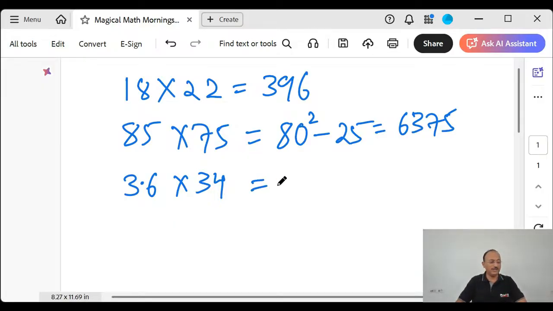Let's multiply 3.6 into 34. I will give one decimal number. First, neglect the decimal number, find the square, and keep one decimal place for the final answer.